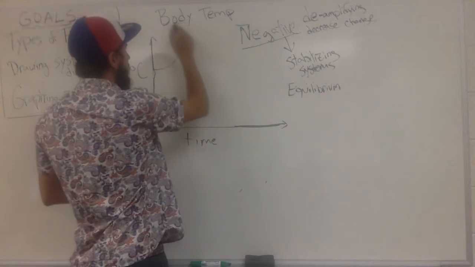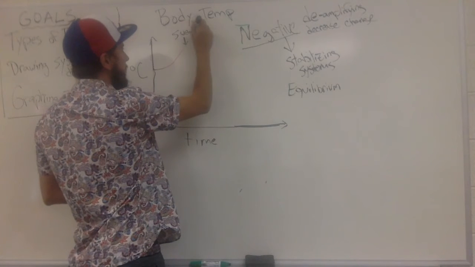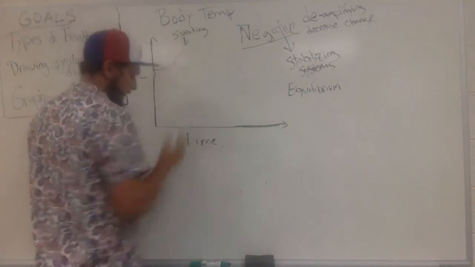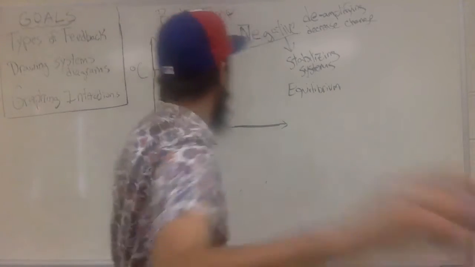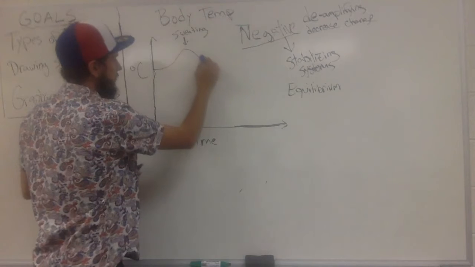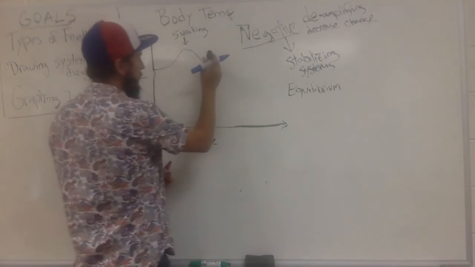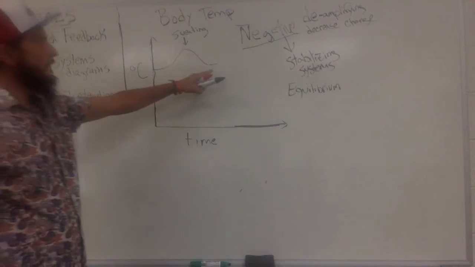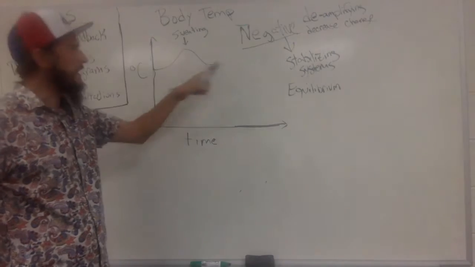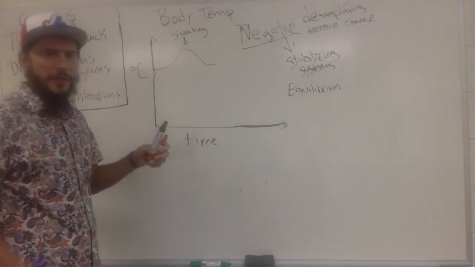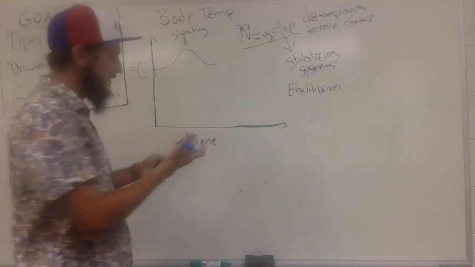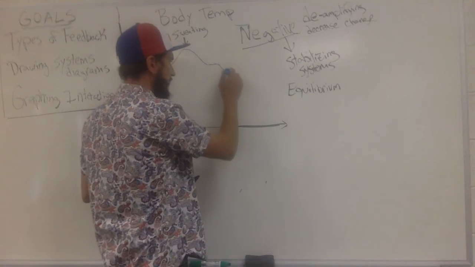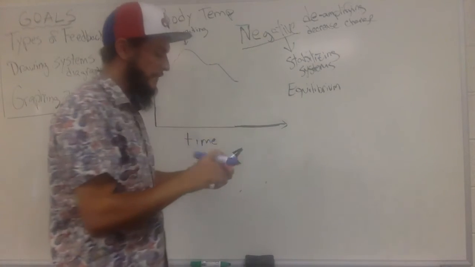So at this point, we start to sweat. And if it's happening right, the sweating should help cool your temperature and you'll return back to normal, back to equilibrium. And then maybe you finish soccer practice and you forgot to bring a coat and you're trying to walk back up after the sun has gone down and it actually starts to get really cold and maybe your body temperature actually dips below what it should be.